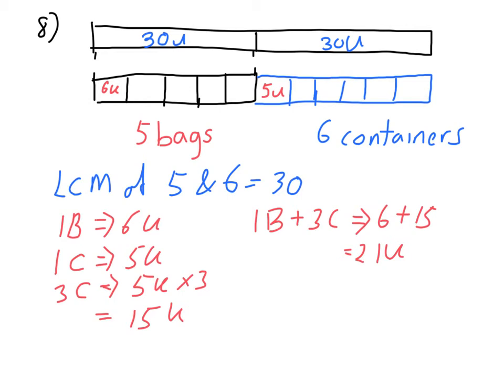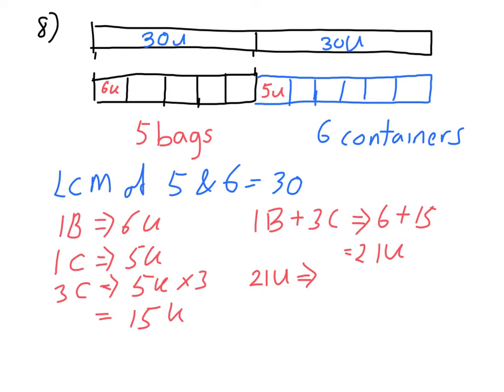So 21 units is equal to how many lemons? Shani? 63 lemons.